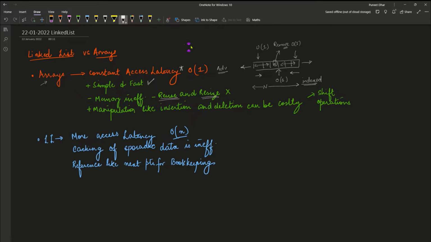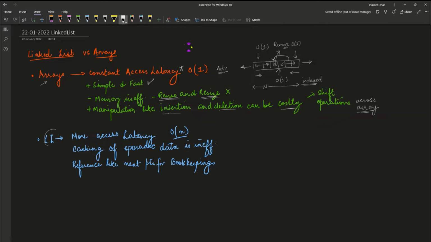So the whole of this array has to be shifted to this point. That means insertion and deletion are costly operations because they involve shift operations across the array, depending upon where we are. So a lot of data elements could be shifted.